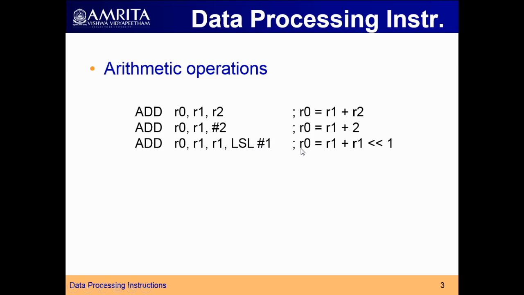So what is the operation here? R0 equals R1, the first operand, plus R1 left shifted by 1 unit. So these are the 3 different types of add.